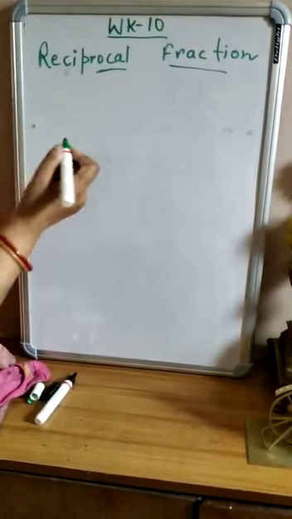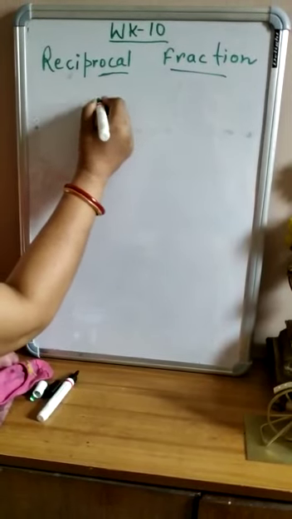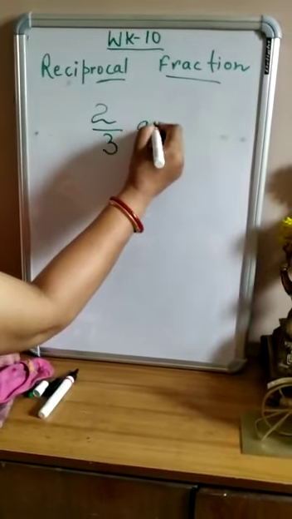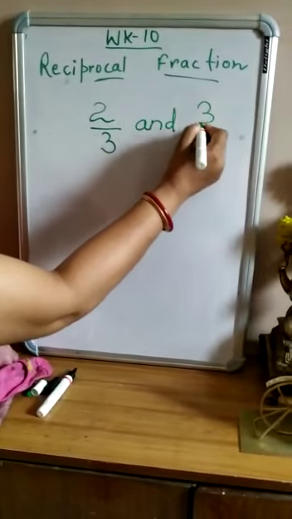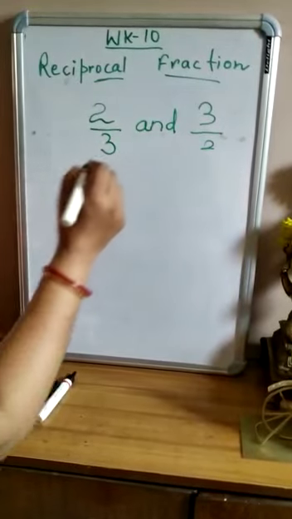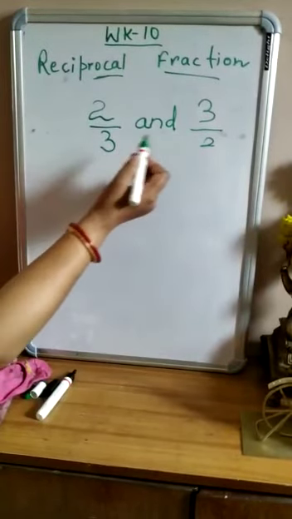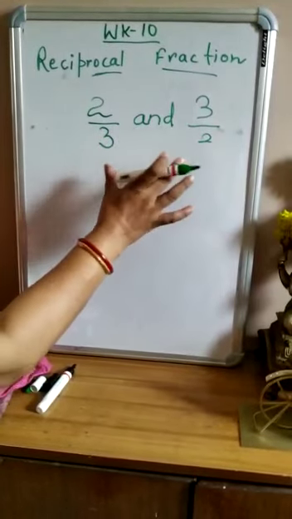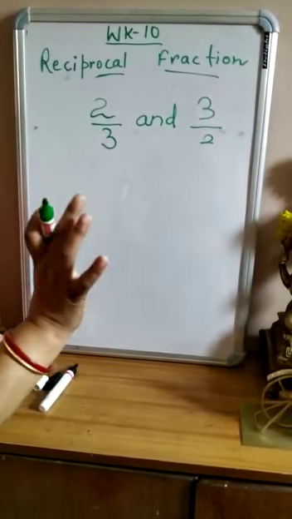Now let us observe these fractions very carefully, all of you. 2 by 3 and 3 by 2. These two fractions are unlike fractions.